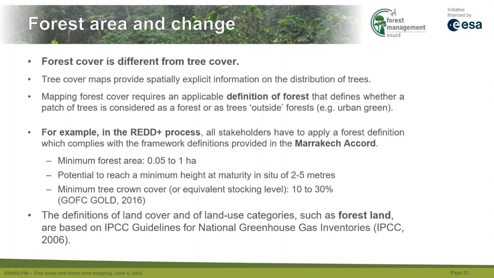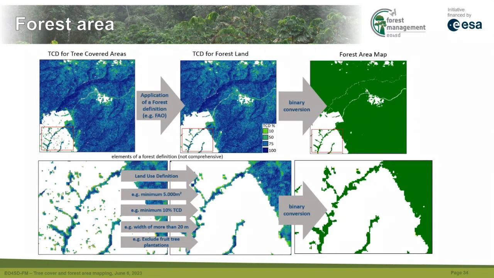We can move on to the next slide. Here we have the process of creating a forest area map. So as Robins explained earlier, we can do that by using the TCD. First, we have identified the tree covered areas and the tree cover density. And by applying a certain forest definition, which we need or want to use, we can do the binary conversion to get the forest area.